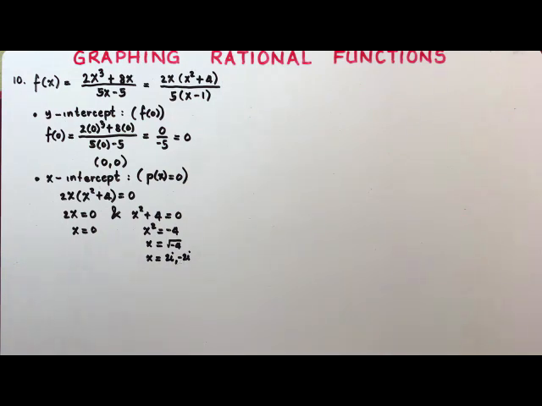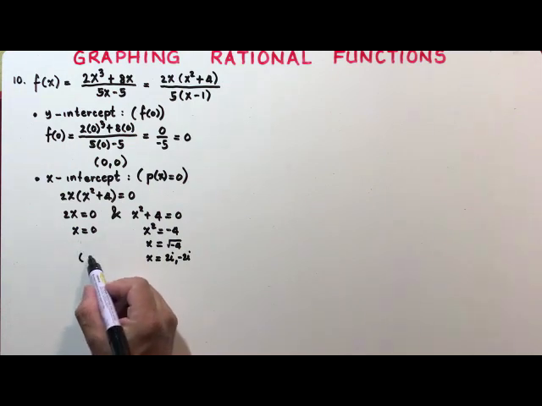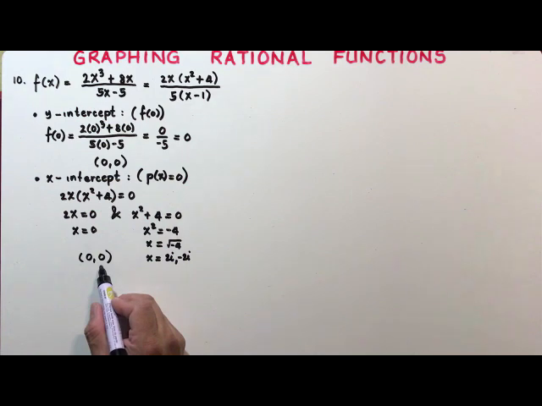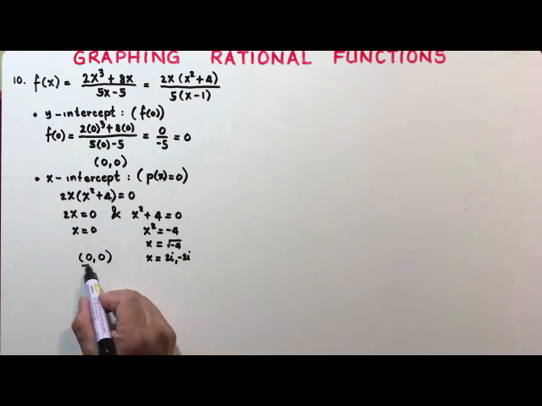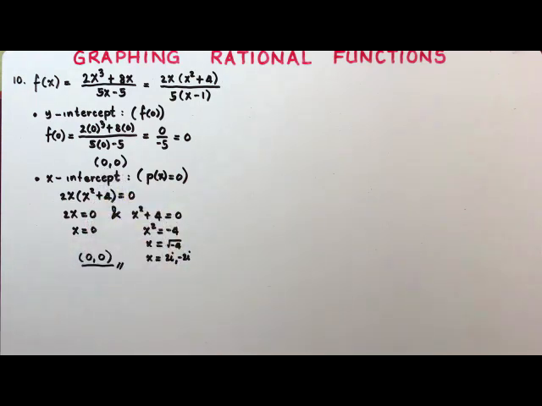So we have an x-intercept only when x is 0. So of course, because this is an x-intercept, the y-coordinate must be 0. So this is our x-intercept. So as you can see, our x-intercept and our y-intercept are just the same because this is the point of origin. Now let's proceed to the vertical asymptote here.